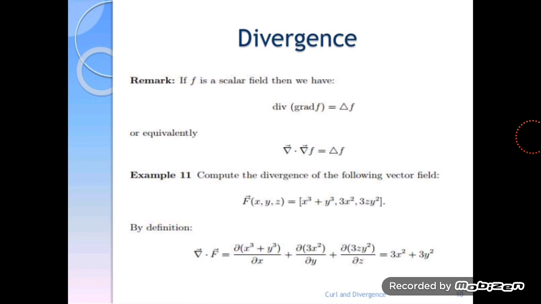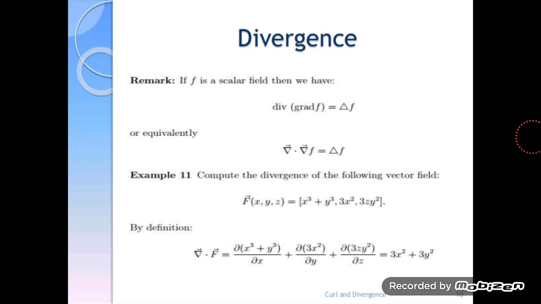Divergence remarks: if f is a scalar field, then we have divergence of gradient of f, which is equivalent to del dot del of f, and can be written as divergence of gradient of f.